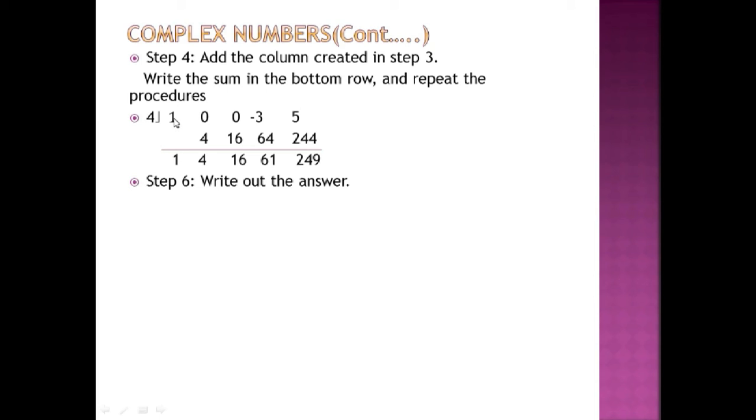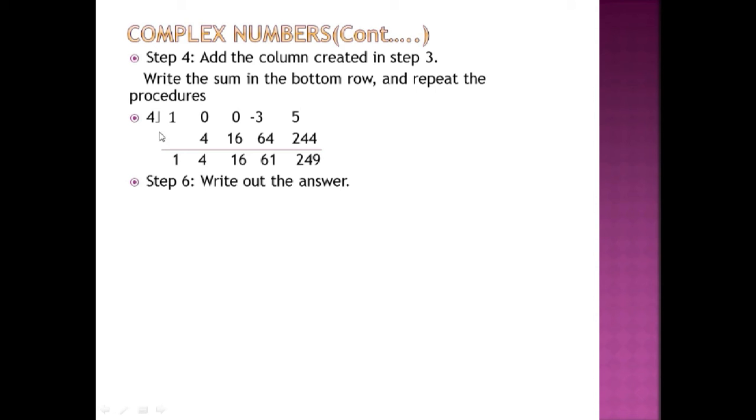As you can see, we have taken 1 and dropped it down to the bottom row. Then we multiplied 4 times 1, the answer is 4. Then we add these two numbers, 4 plus 0, which is 4.